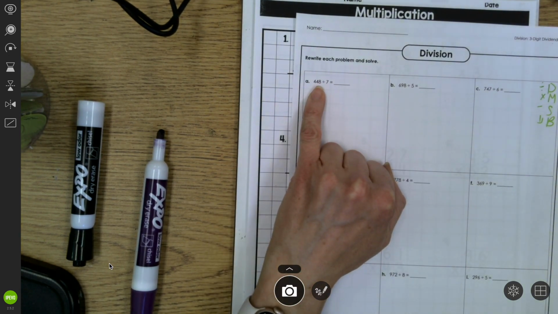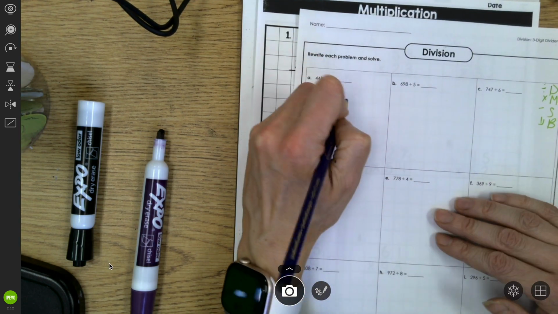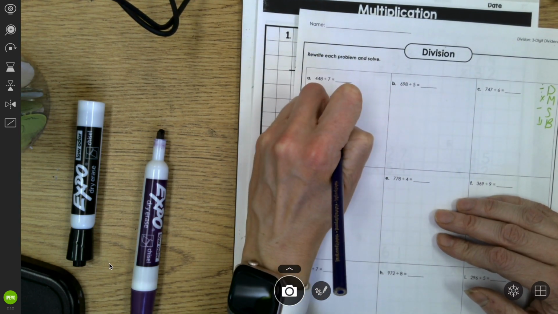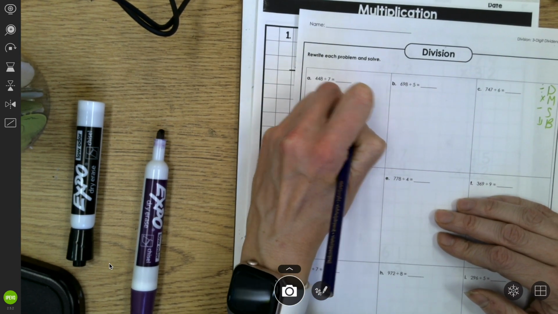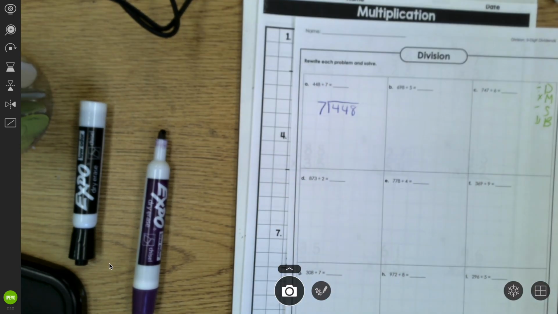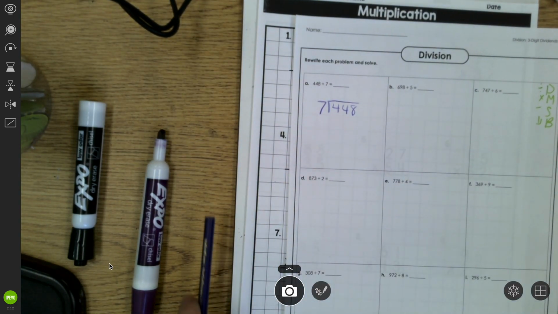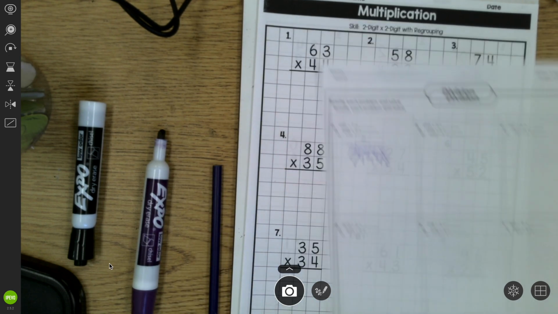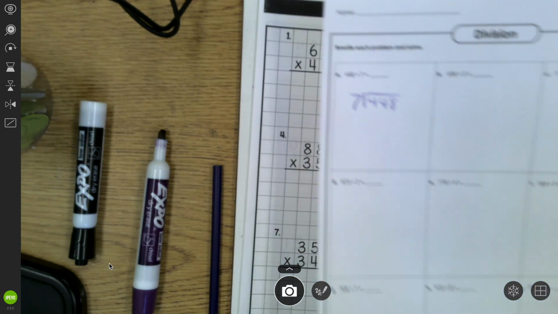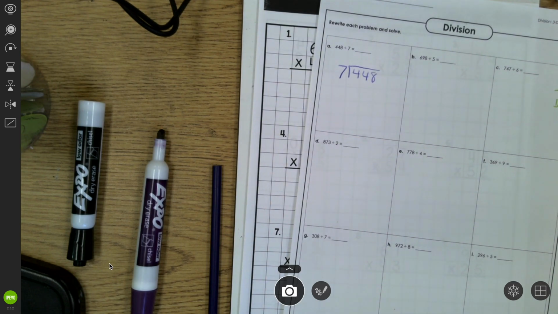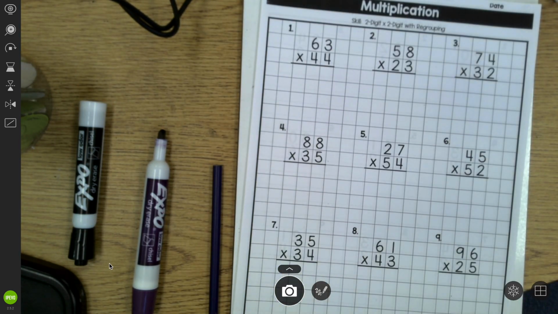So the larger number, or our dividend, goes inside of our little division house and the divisor goes outside, okay? And then you'll just work on this. You don't have to finish this. It's just if you have time, and then if you happen to finish this whole side, and all of this, you can go on to Reflex, okay? But that would be super impressive.